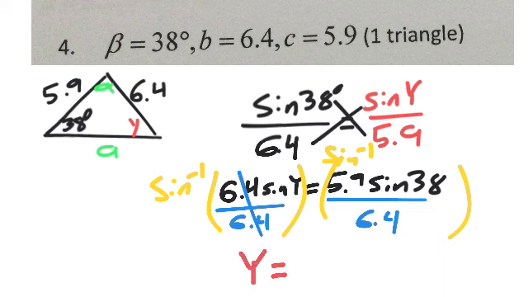So I'm going to get gamma equals, and then in my calculator, inverse sine of 5.9 times sine 38 divided by 6.4. When I do that, I find gamma is 34.58 degrees.